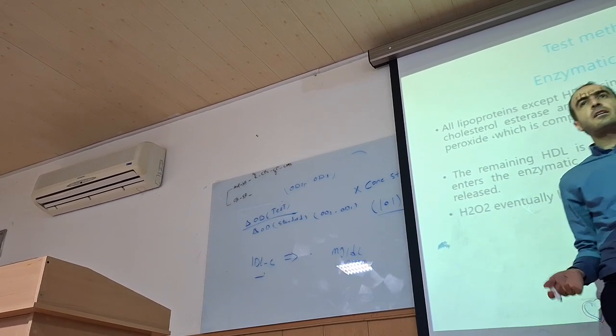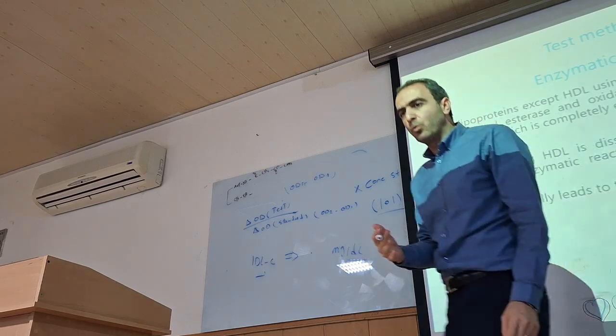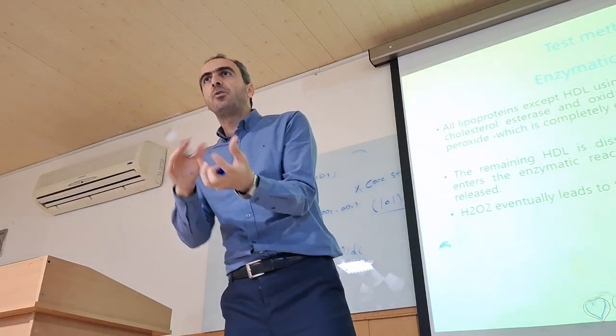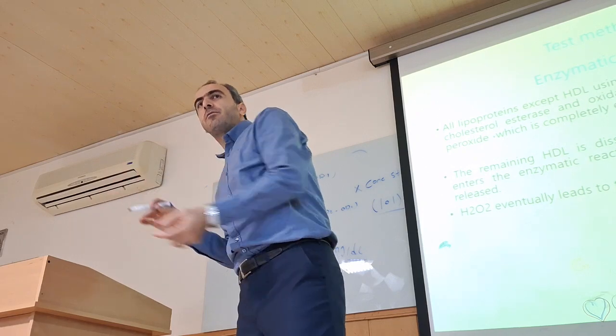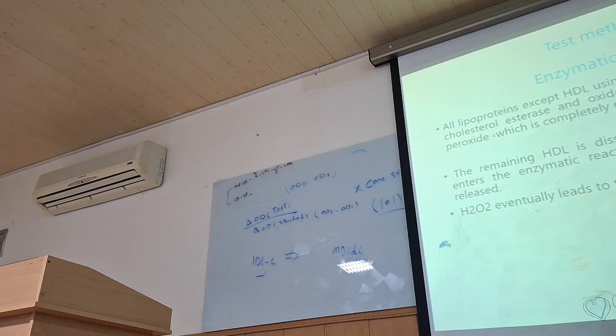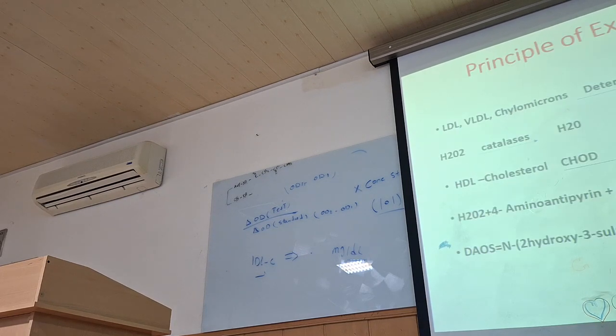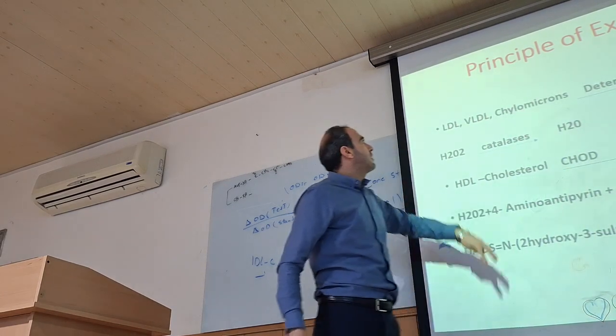Then, the second is related to measurement of HDL. It's similar to the LDL, but here by buffer number 1, we protect HDL. We destroy all of the other kinds of lipoprotein, and then we will measure the HDL. So the reaction is like that.